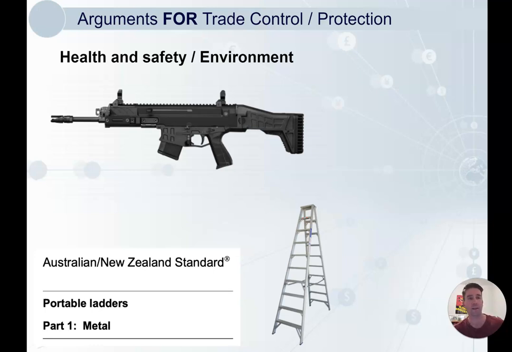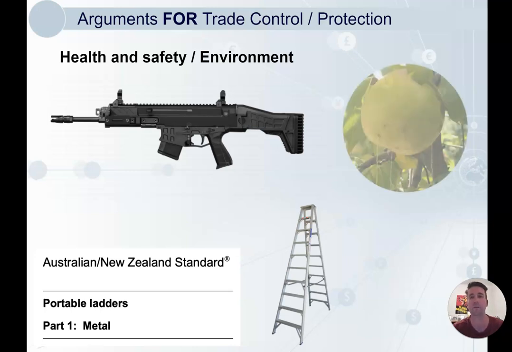And so that means that can protect our local manufacturers of things, because other companies in other countries can't be bothered trying to meet our exact standards. So in a way that is protection, but we just do it for safety. We don't do it to protect our industries, we do it for safety.